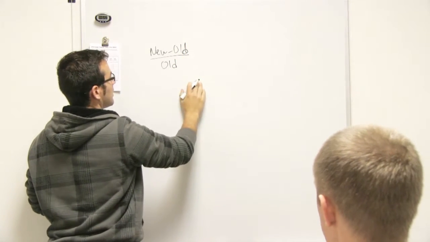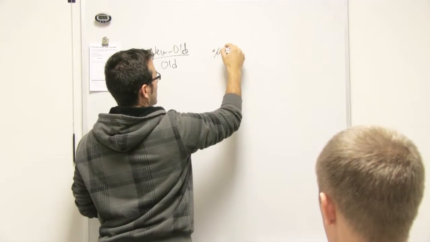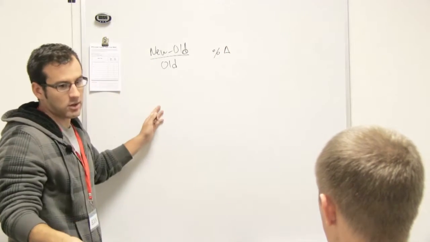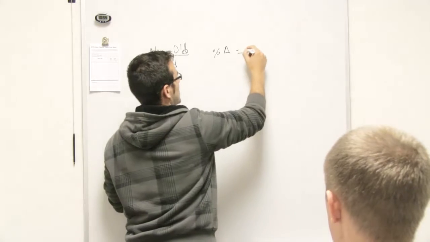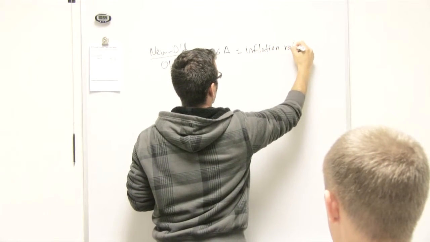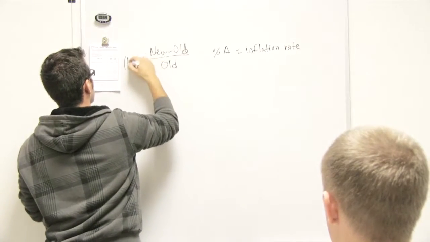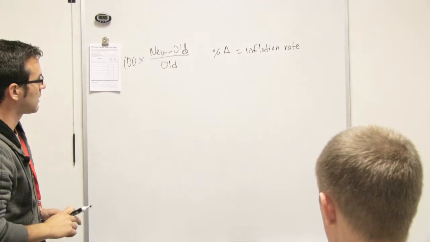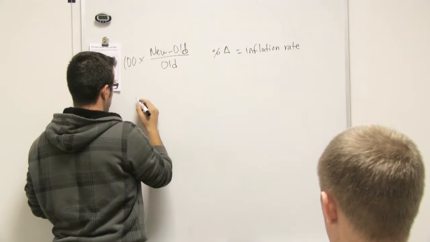That was to figure the percentage increase. Percentage change. Which in this chapter we said was the same as the inflation rate, right? Also, don't forget times 100. Yes. Because otherwise, yeah.